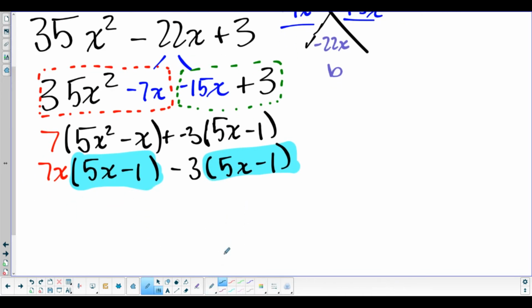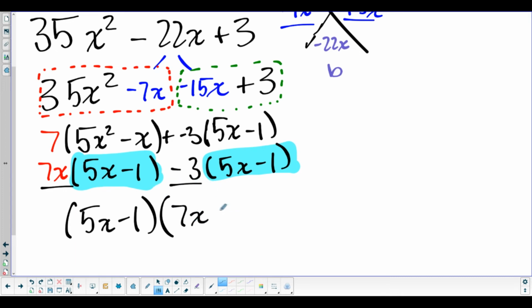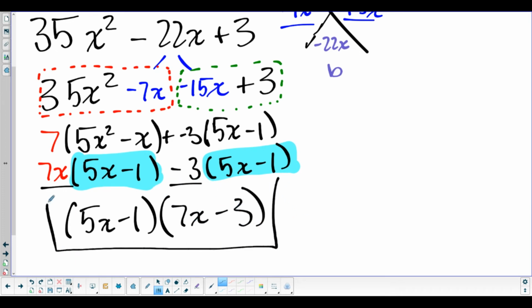I can say that 5x minus 1 is being multiplied by the 7x from right here and the minus 3 from right here.